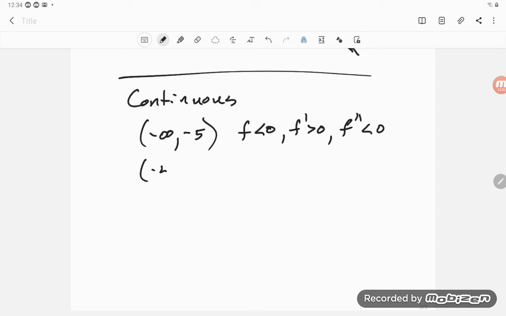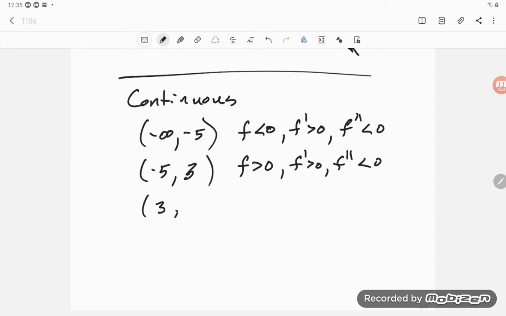We then can go from, say, -5 to, we'll go to 3, I guess. And maybe f is greater than 0 in that area. F prime is greater than 0, and f double prime is less than 0.